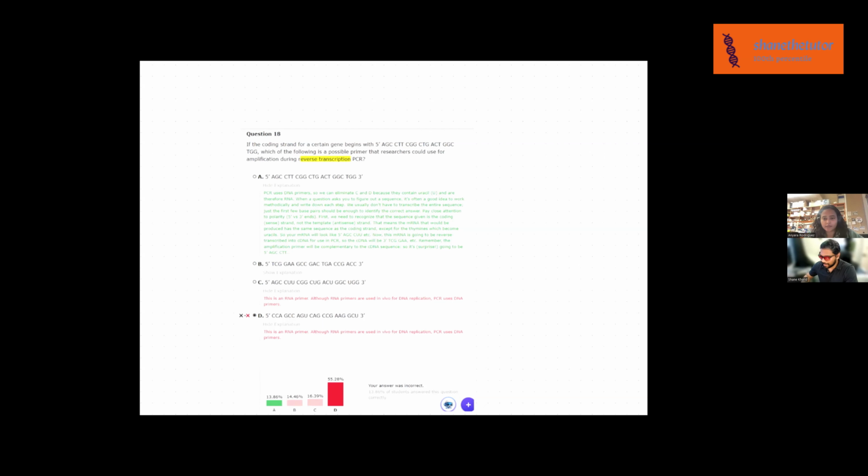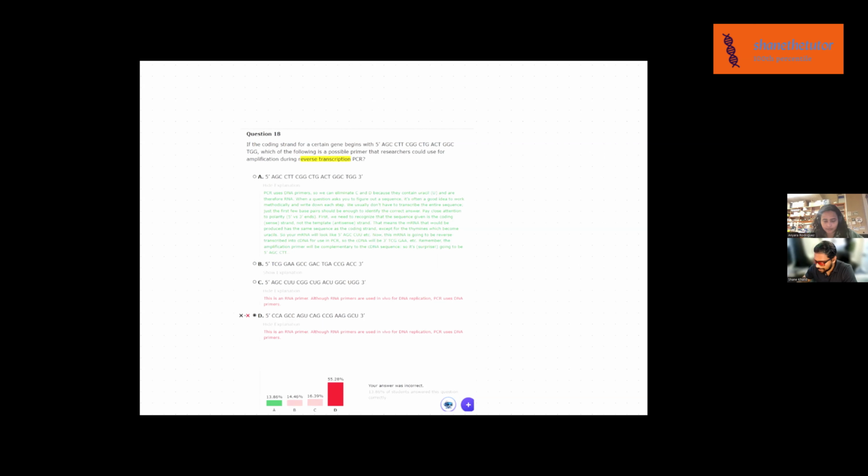All right. So you highlighted the reverse transcription, so you were aware that this isn't going to be a regular transcription, because a regular transcription would be from DNA to RNA, right? Normal transcription. Yes.